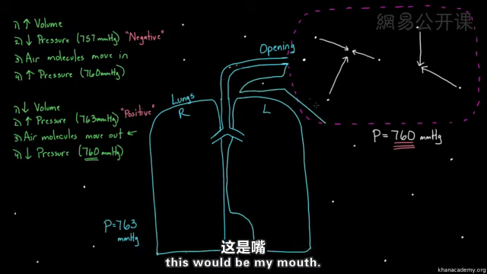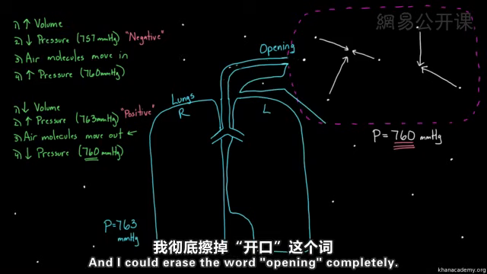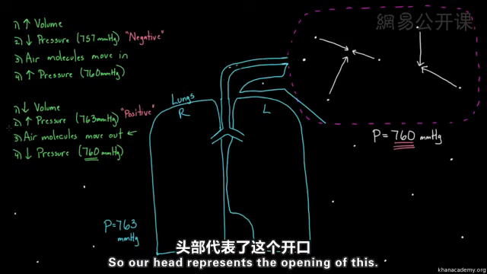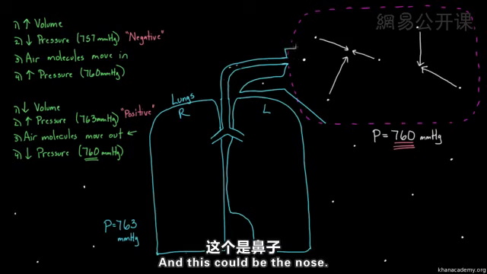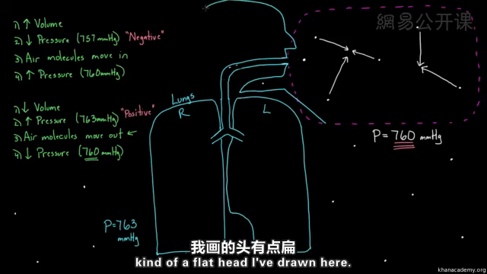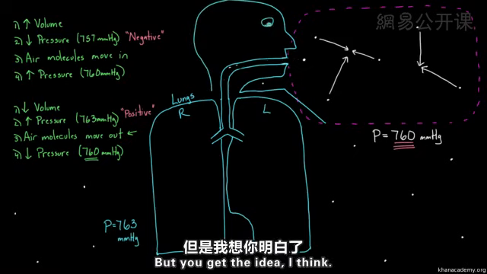This would be my mouth. And I could erase the word opening completely, and I think you'll start seeing how this is basically what happens in our body. So our head represents the opening of this, and this could be the nose, and this could be the head, kind of a flat head I have drawn here, but you get the idea.